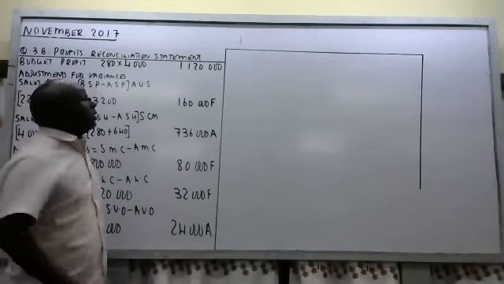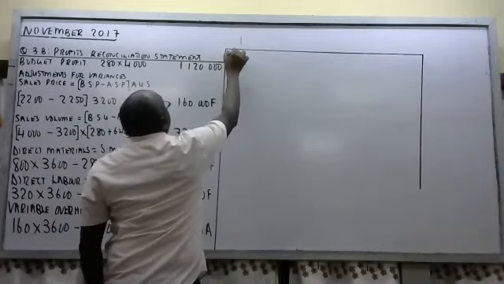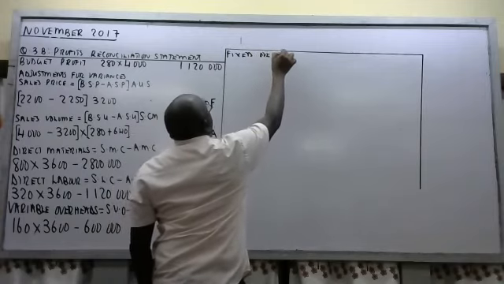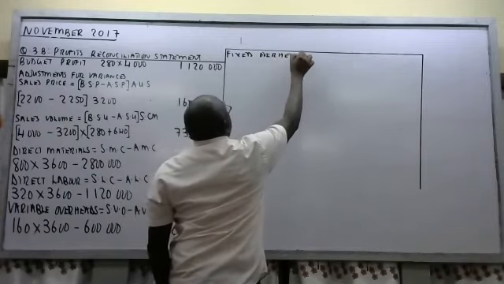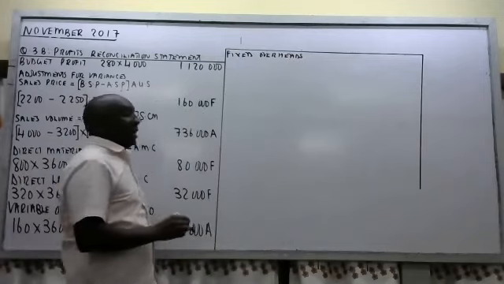The next one, continuing, is fixed overheads. Now, fixed overheads, I told you there are two. We start with the expenditure.